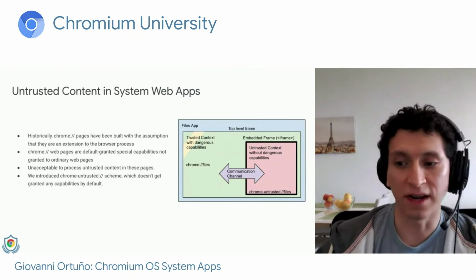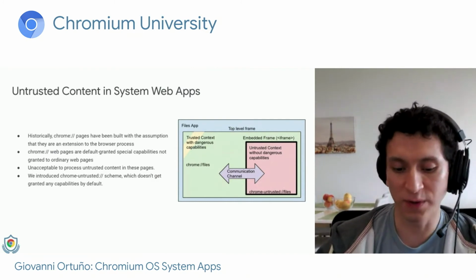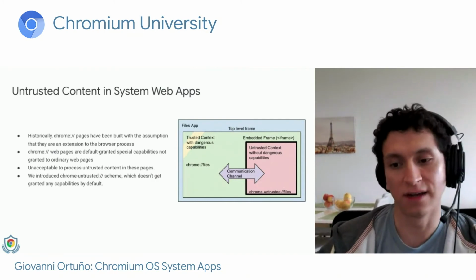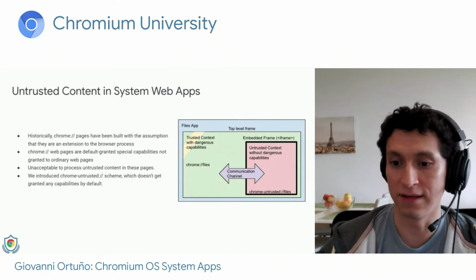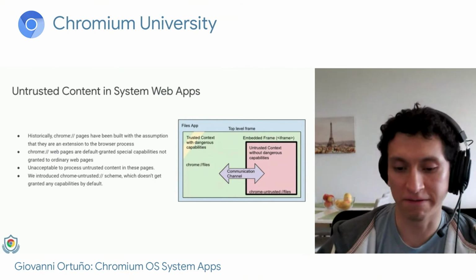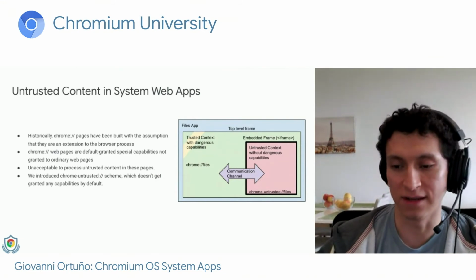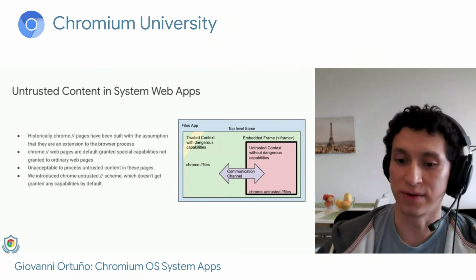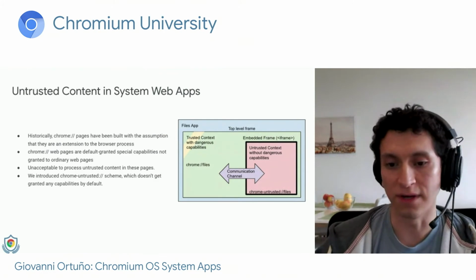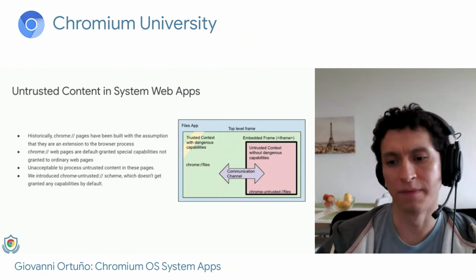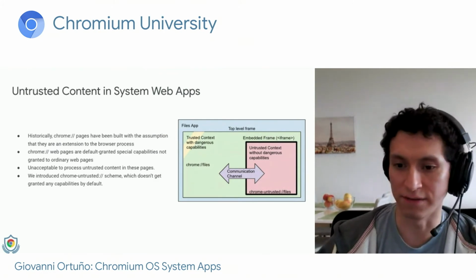And this was an issue for system web apps, because we can't be processing untrusted content in this context. If the untrusted content is able to exploit a bug in the renderer or a bug in the app code, it could get access to all these capabilities that we grant to Chrome pages. So we needed to find a solution for that.